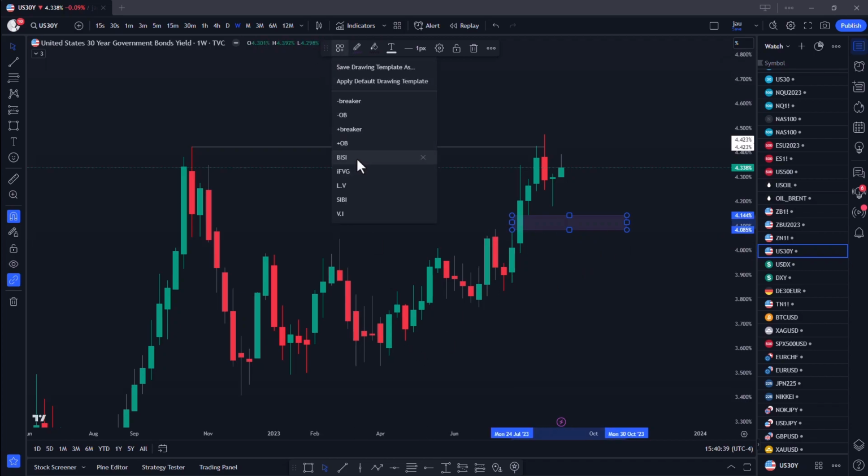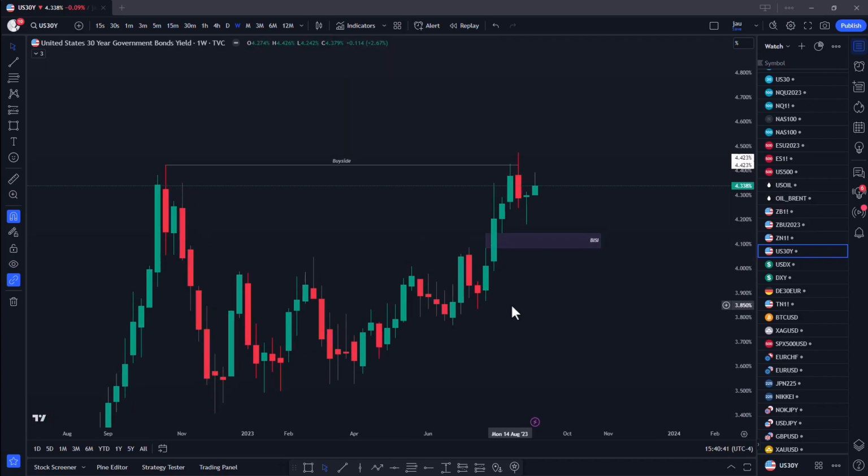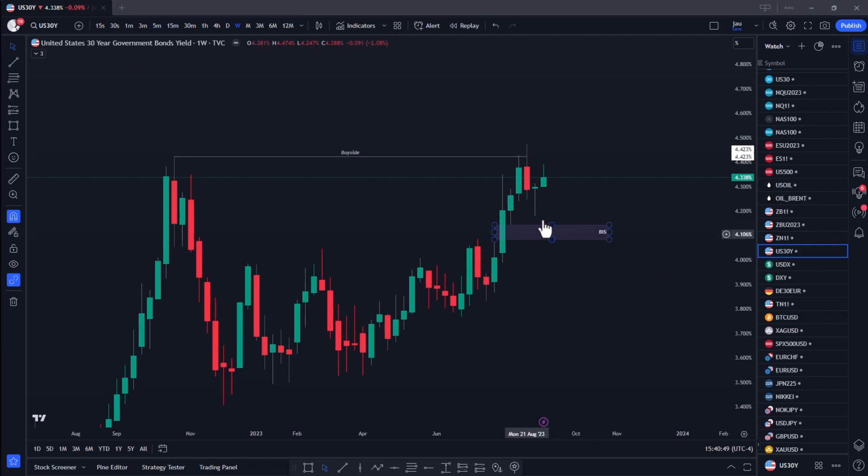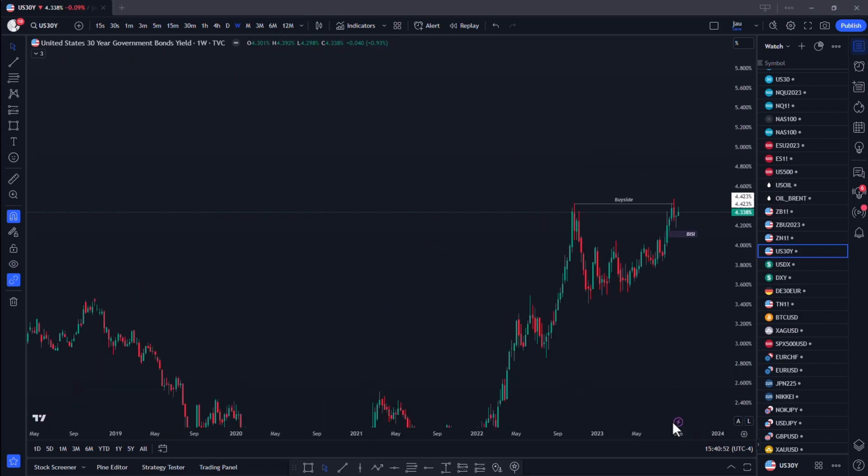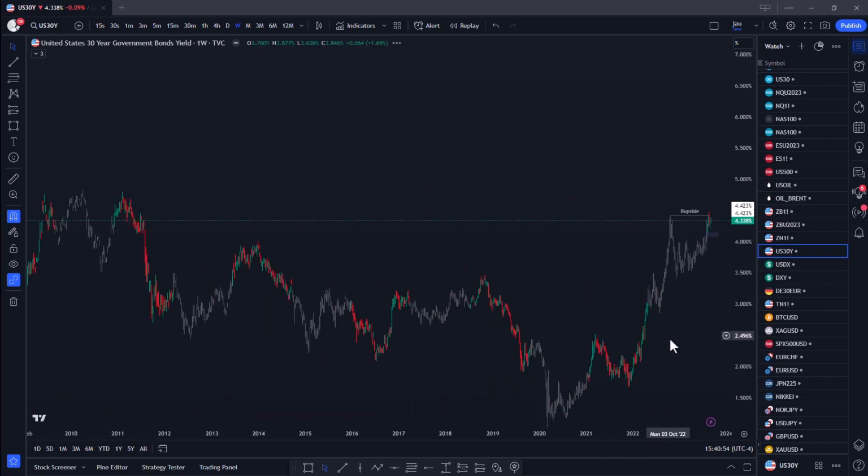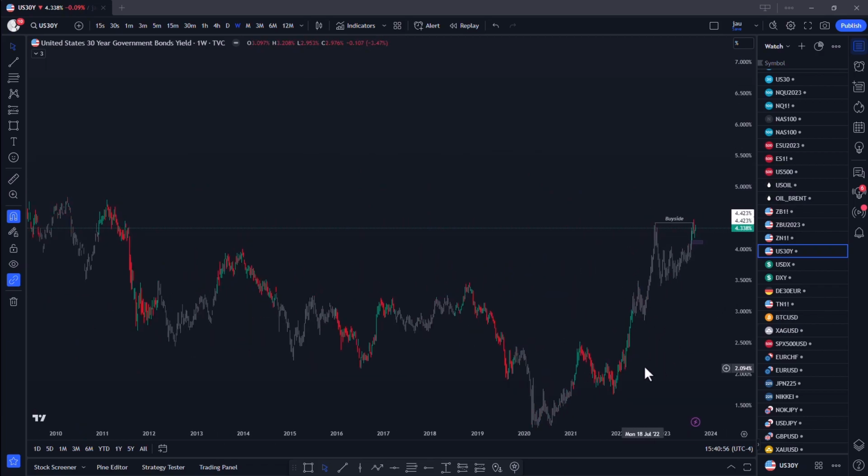So I'd like to see in the next few weeks how the 30-year bond yield would hold looking at this. But of course, I'm still expecting higher prices on this, the same way that I'm expecting higher prices on the dollar. So we will be focusing on that buy side liquidity next as our next draw on liquidity.